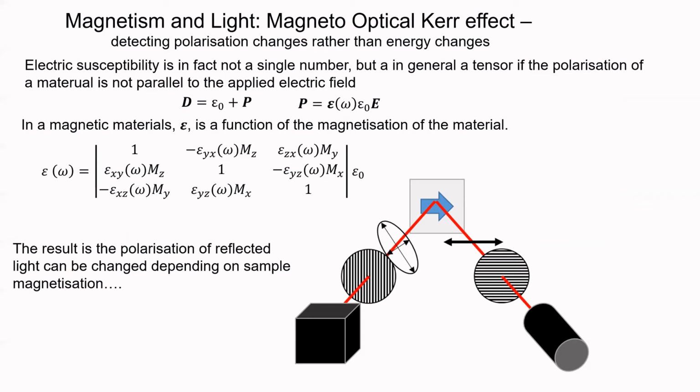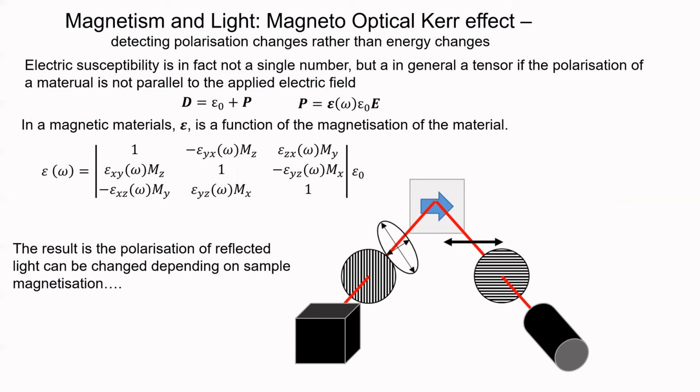The story behind this is that if you look at a dielectric susceptibility, we apply an electric field to a material, and that electric field causes a displacement current. This is the D of Maxwell's equations.